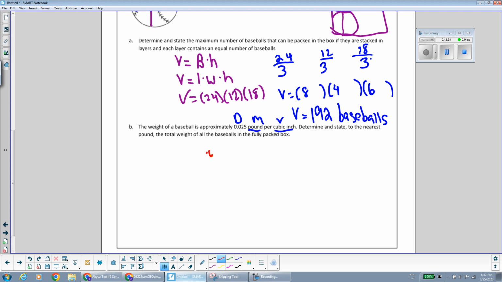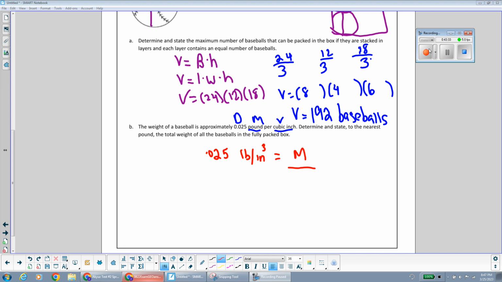So density, pounds per cubic inch, is equal to mass over volume. So I know that a baseball is a sphere. So the volume of the baseball would have the sphere formula, 4/3 pi r cubed.